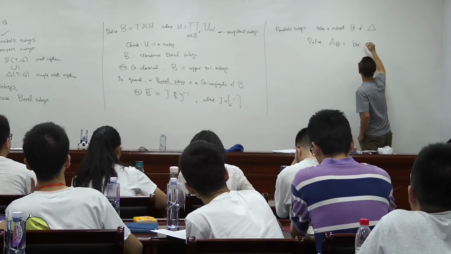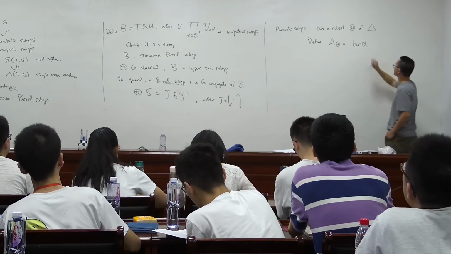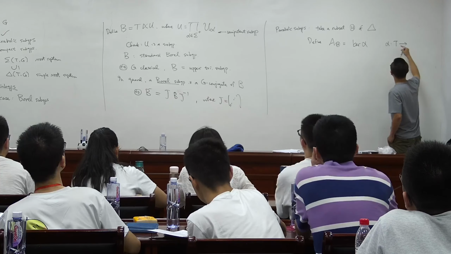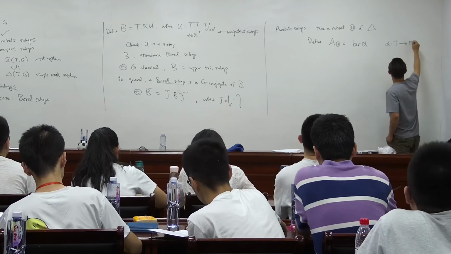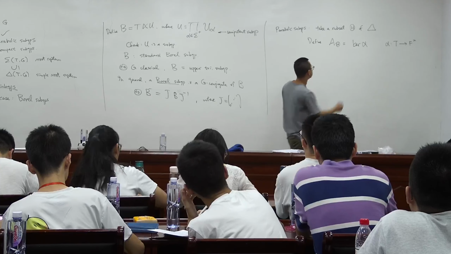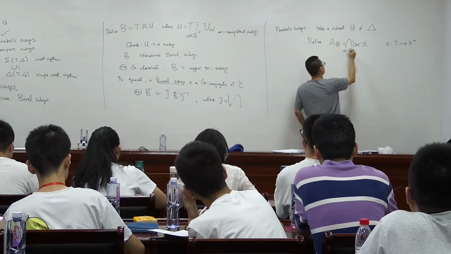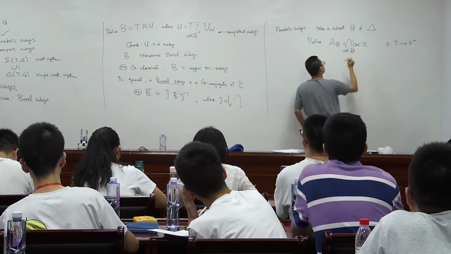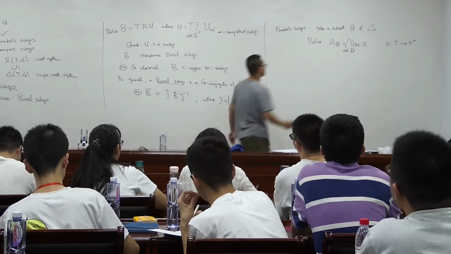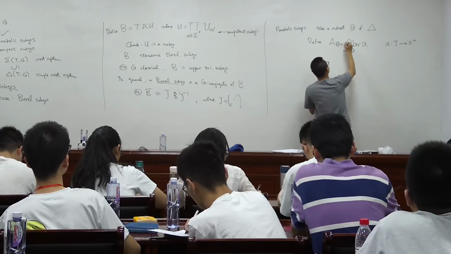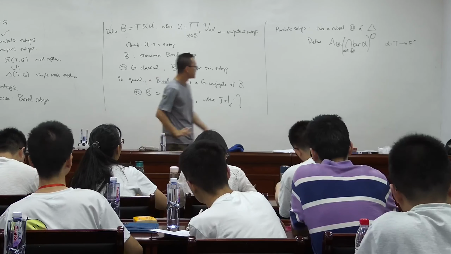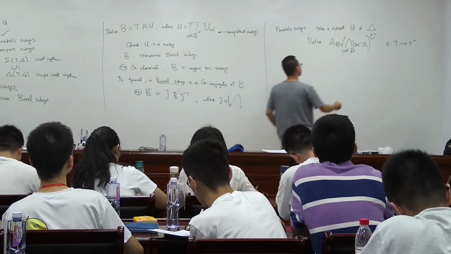I take a root alpha. Remember, alpha is a character from T. So this kernel is a subtorus in T, and then I take the intersection over all alpha in theta. To guarantee this is a torus, in particular it is connected, I take the connected component of the intersection. So it is a subtorus in T.